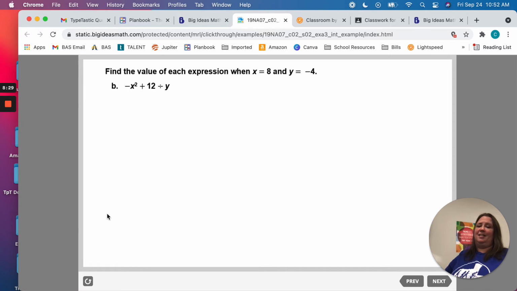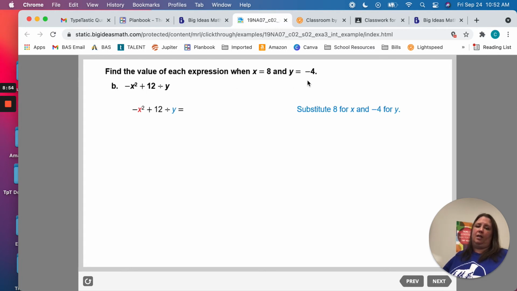Okay, for B, we're going to do the same thing. We're going to find the value of each expression when x equals 8 and y equals negative 4. So again, I'm going to take this x and plug it in where the x is. So I'm going to rewrite this equation. Negative what squared? What do I plug there? 8. So I'm going to say negative 8 squared plus 12 divided by what?